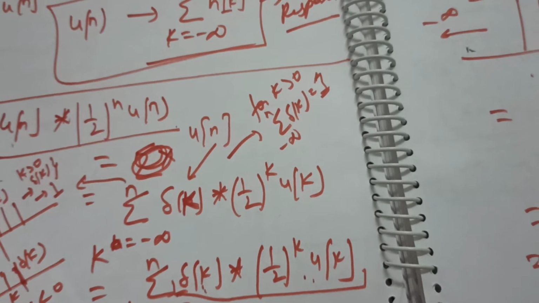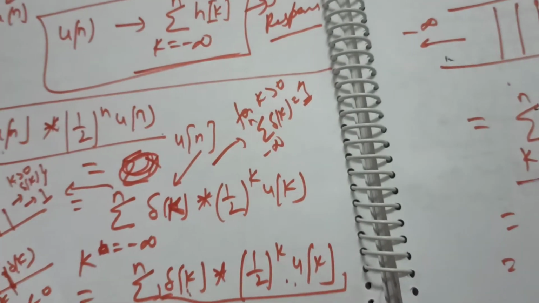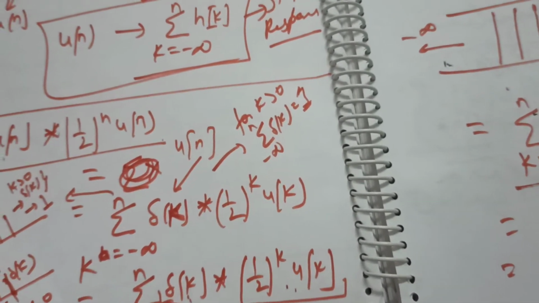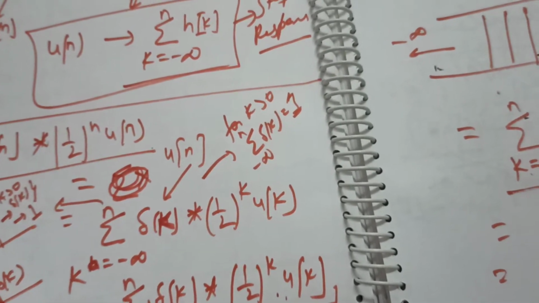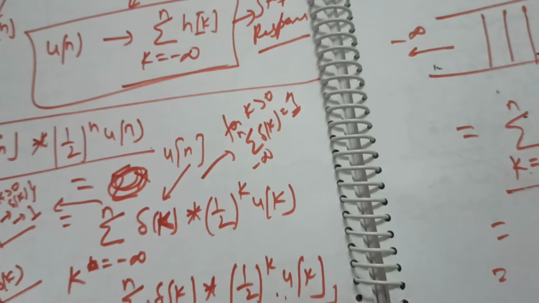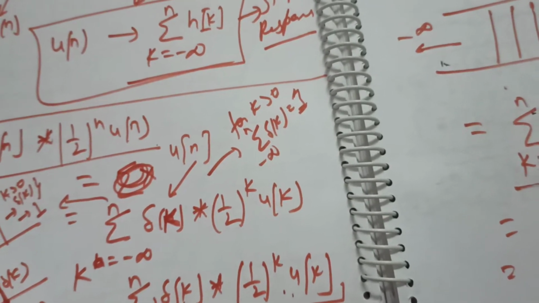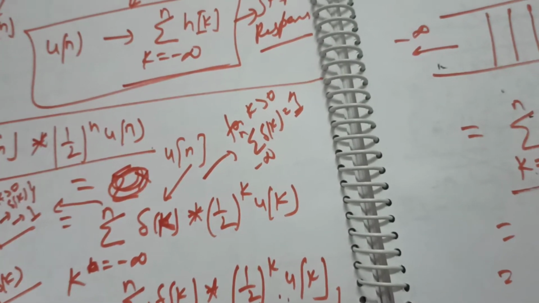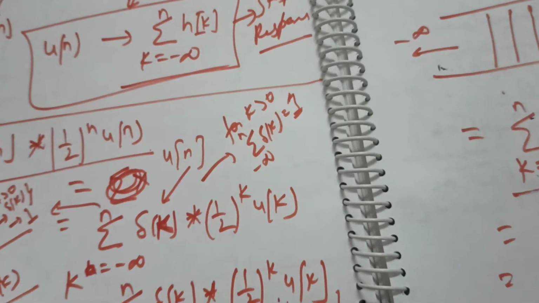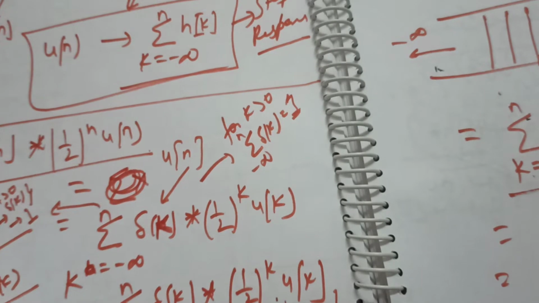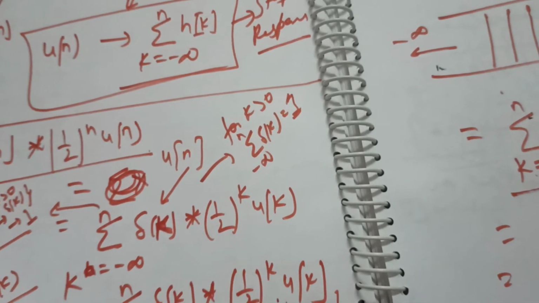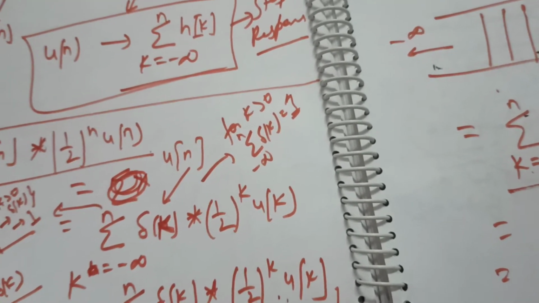So whenever k is greater than or equal to 0, this summation will automatically become 1.